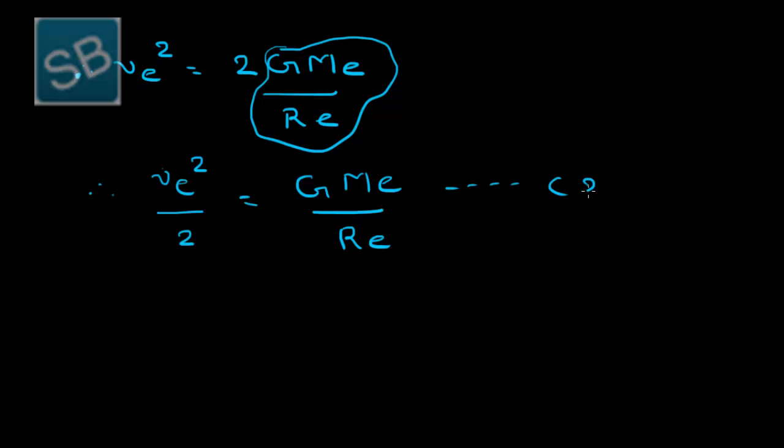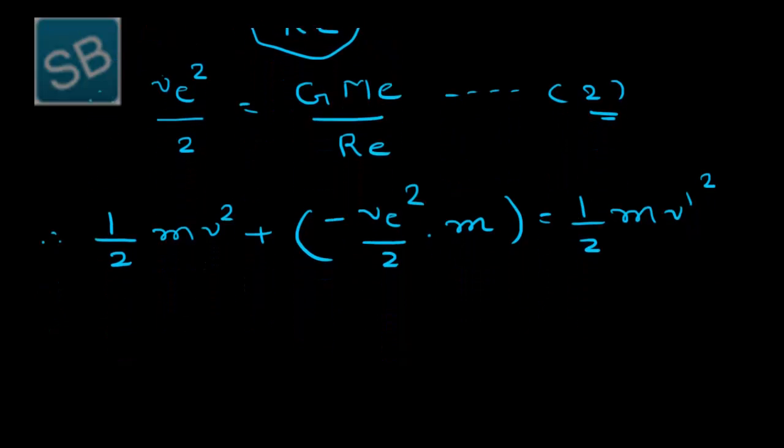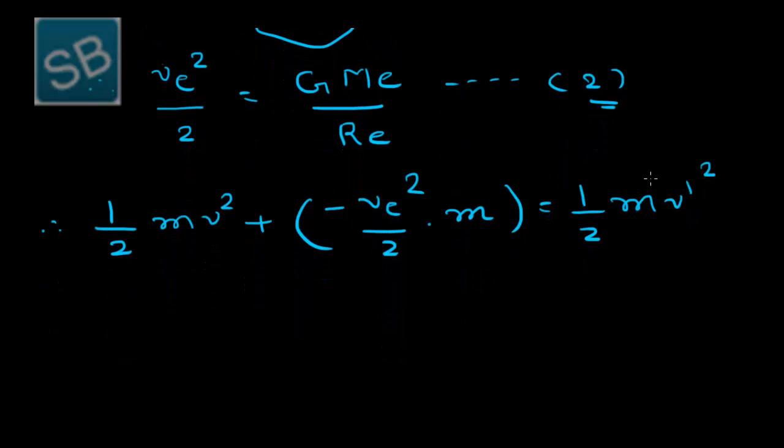Now I am substituting this result number 2 in result 1. Therefore, half mv square plus minus GME over RE. So it is minus VE square by 2, and into there was a multiplication of m, and the right hand side is as it is, that is half mv dash square.